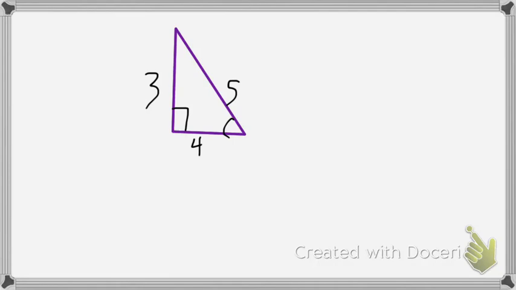Let's say we have your basic 3, 4, 5 Pythagorean triplet here. And I want to know what that angle right there is. This is what I do. I'd start off by saying that the sine of my missing angle is equal to 3 over 5. Because the opposite is the 3 and the hypotenuse is the 5.